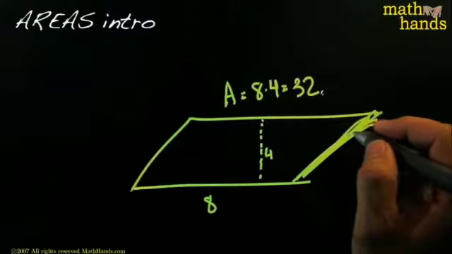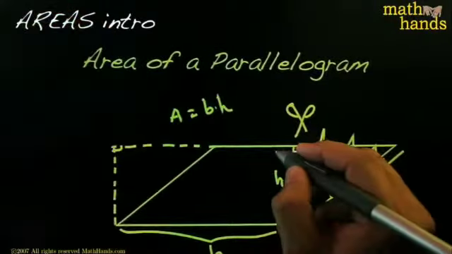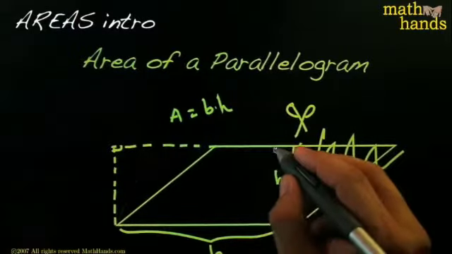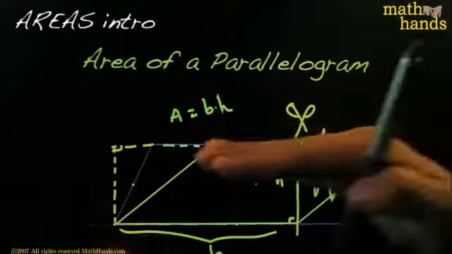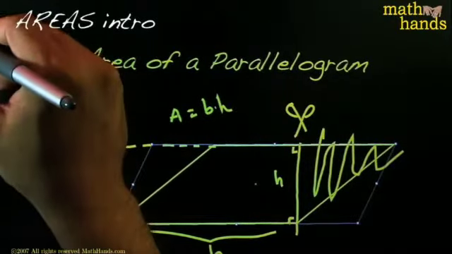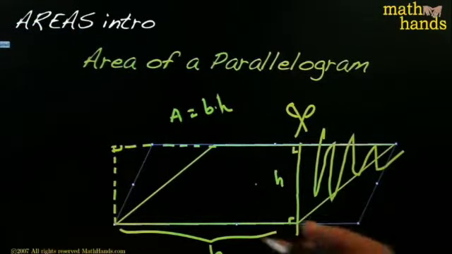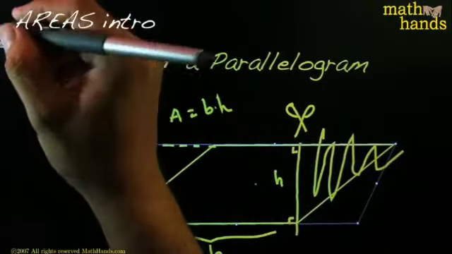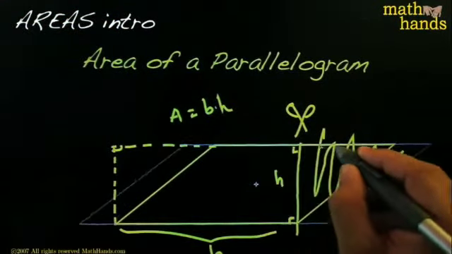Okay, amazing. The moral of the story is that this idea of sliding the top over this way does not affect the area. You could slide it as long as you maintain the height the same and the base the same. The area stays exactly the same. Amazingly enough, you could even move it all the way here.